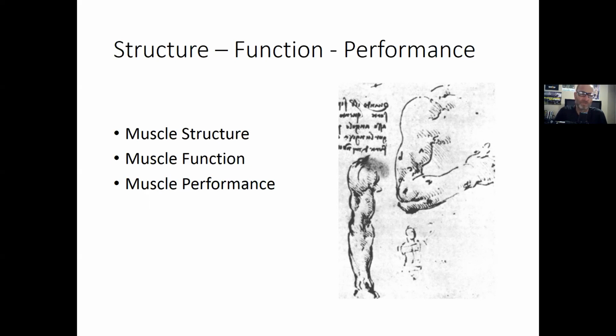We need to know muscle function, how muscle contracts, how muscle generates heat, how muscle may aid in blood flow and circulation. And then ultimately we can understand muscle performance, how well the muscle contracts, how quickly contraction occurs, how much energy the muscle uses to allow for contraction.